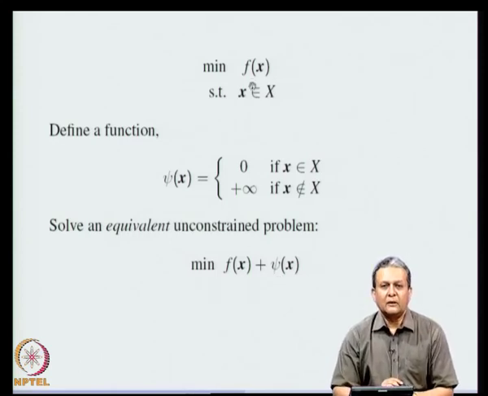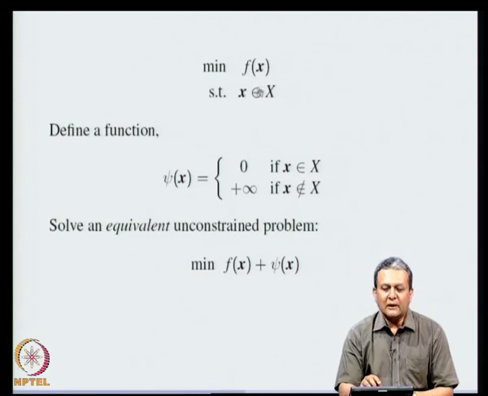Now, one can see that if we minimize f x plus psi x, this problem is equivalent to the original problem. The reason is that if x star is the solution to this problem, then certainly x star belongs to X, and since x star belongs to X, psi x star will be 0, and therefore we have got the minimum solution.